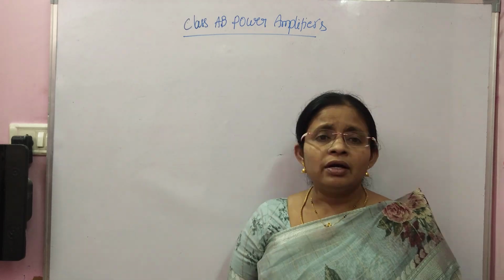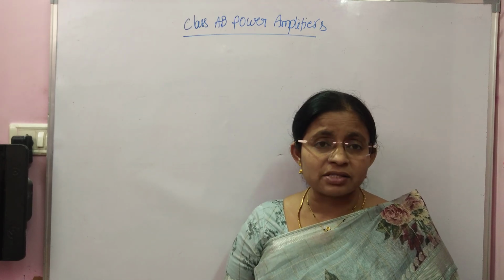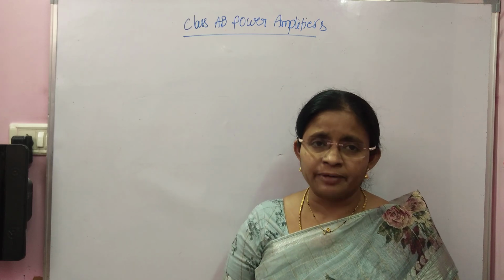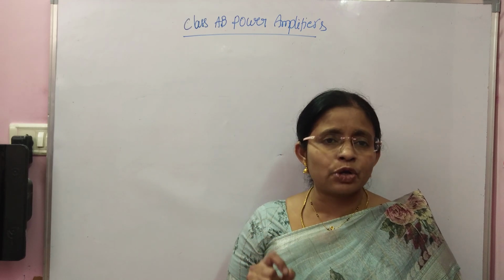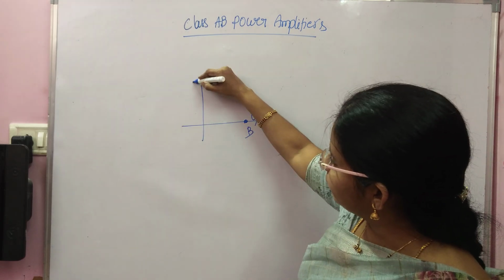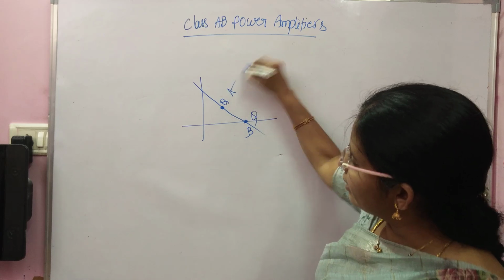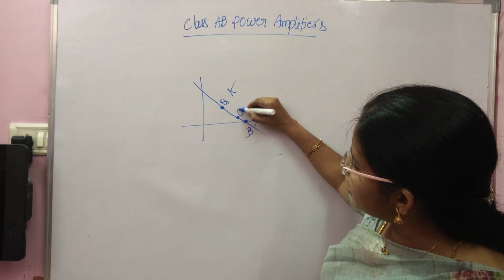And we all know the Q point for a class AB power amplifier is above the x-axis and below the midpoint of the DC load line. Actually, the class B Q point is on the x-axis. This is for B, this is the DC load line, and this is for A, class A. Now your class AB Q point is here.